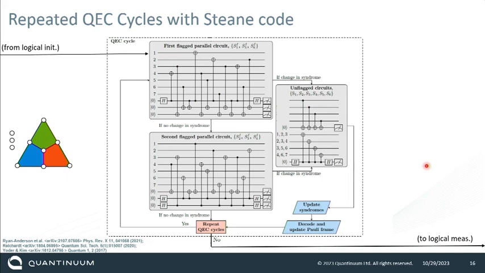Now, the workaround for that is usually this concept of a flag qubit, that you can flag your syndrome and in such a way identify or catch these hook errors when they happen. But this requires extra qubits and extra circuitry.